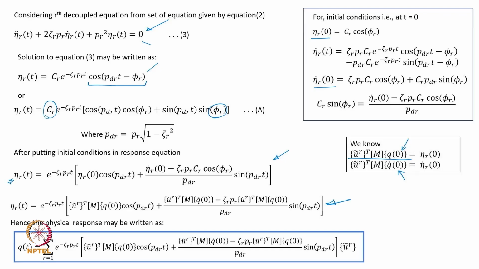So, in the principal coordinate, by substituting for CR and phi r, this is what we finally get the equation in the principal coordinates. Now, in terms of the initial conditions in the physical coordinate, when you substitute eta r t in the expression of the modal expansion, where qt was represented as a summation series involving modal vectors, this is the way the final expression turns out.